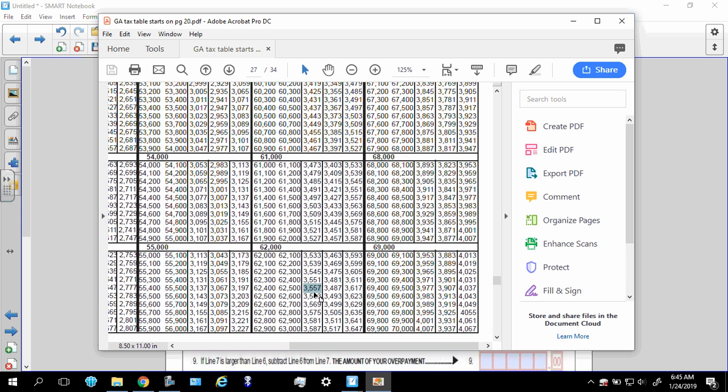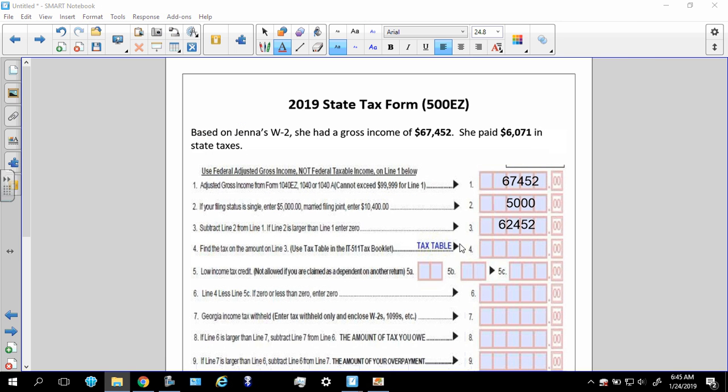This is the single column, 3,557. So I'm going to take 3,557. How much tax should have been taken from her? 3,557. Line 5C, that will always be a 0. Line 6, I'm going to subtract 4 from 5, 3,557, which is the same.